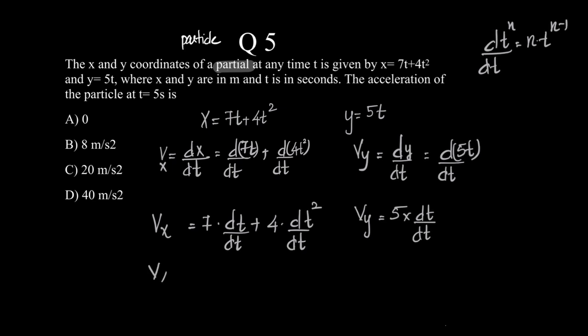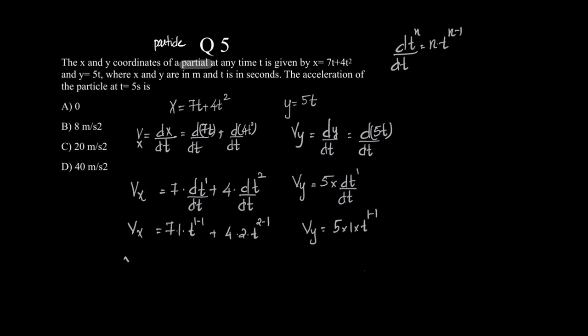In which case, what do we get here? Vx is equal to 7 into, this is t raised to 1, so 1 into t raised to 1 minus 1, plus 4 into t raised to 2, so 2 into t raised to 2 minus 1. Similarly, Vy is equal to 5 into t raised to 1, so 1 into t raised to 1 minus 1.